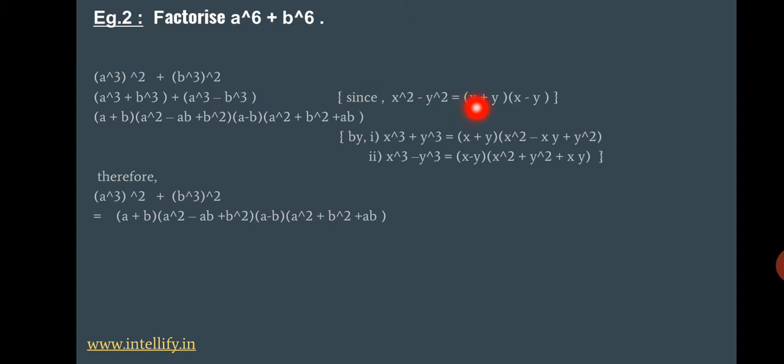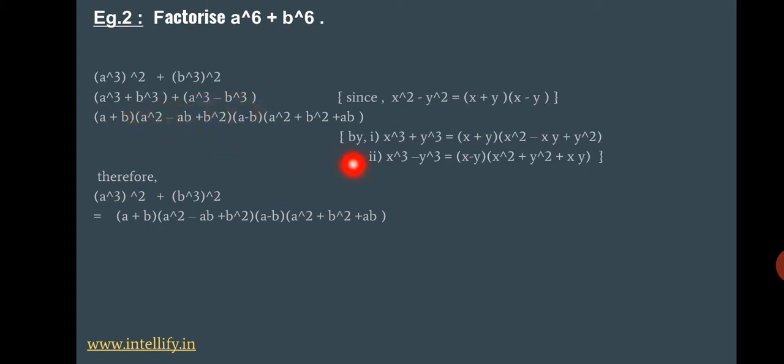We can easily write x + y, x − y, that is, (a^3 + b^3)(a^3 − b^3).